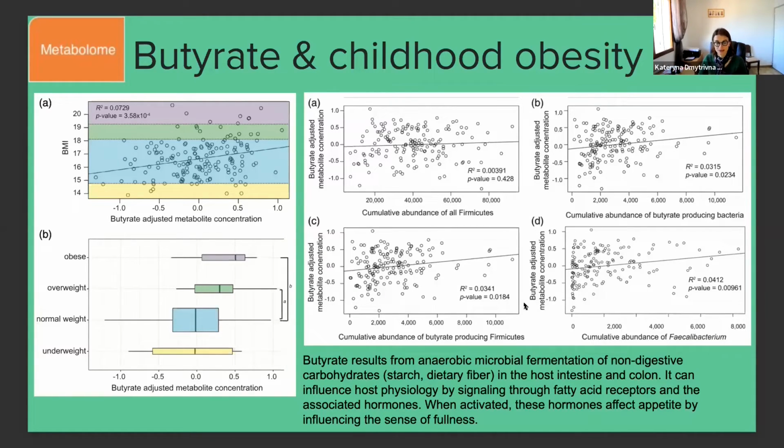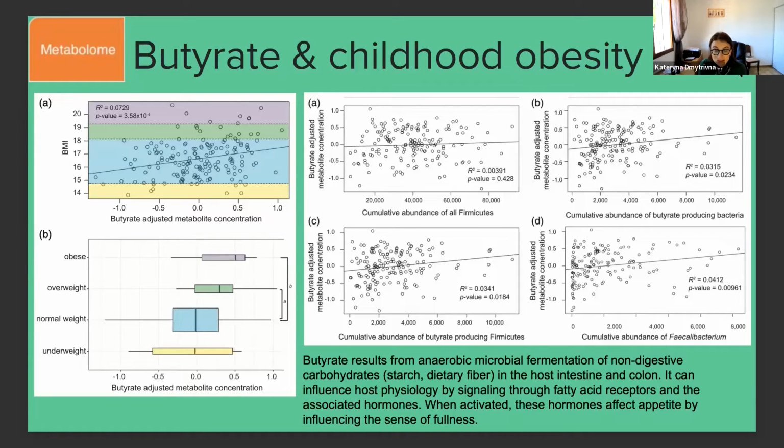So what is really going on? So this particular metabolite, the butyrate, results from anaerobic microbial fermentation of non-digestive carbohydrates such as starch, dietary fiber, and so on in the host intestine and colon.